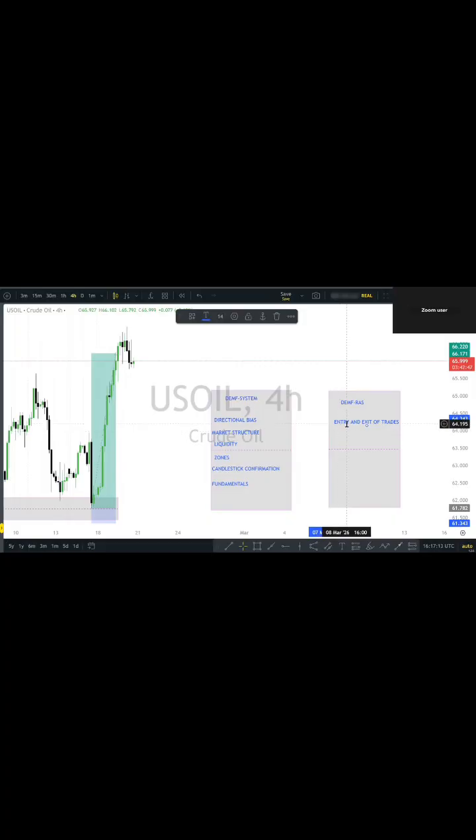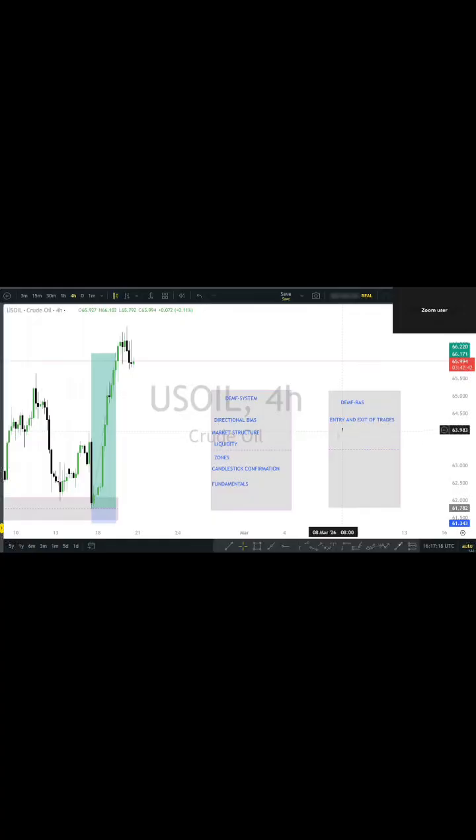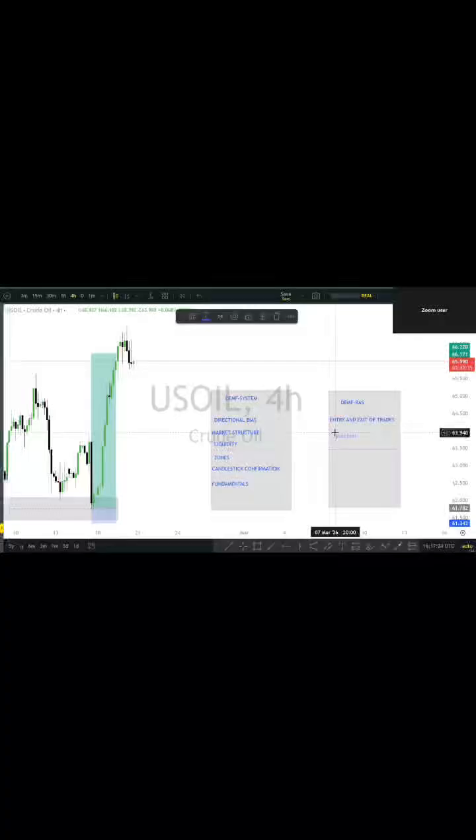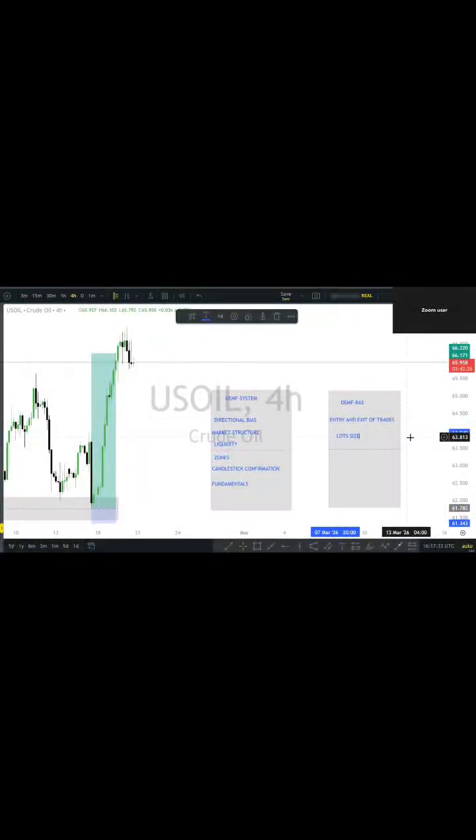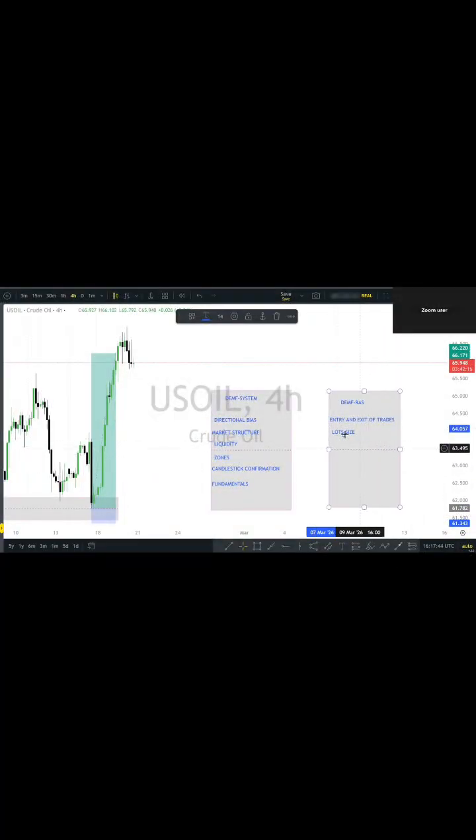Another one is how to manage your risk, your lot size, the best lot size to use according to your account balance, the best place to put your take profit, your stop loss, and many more. All these things fall under entry and exit of trades.